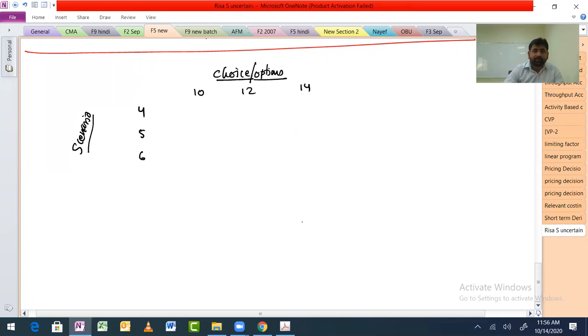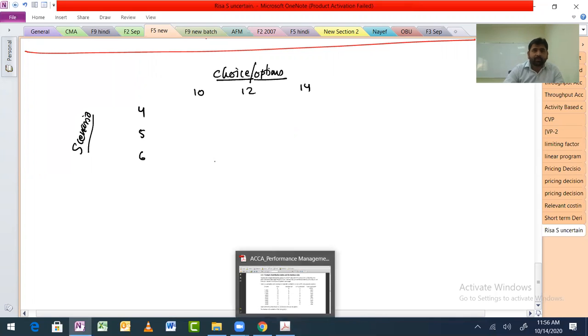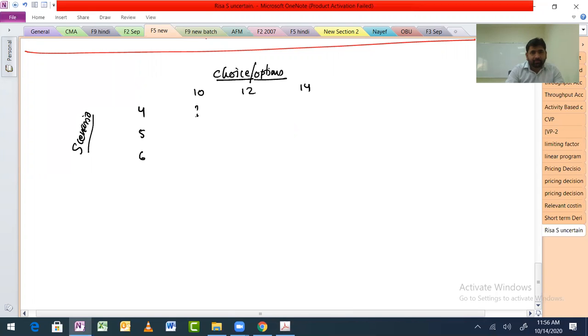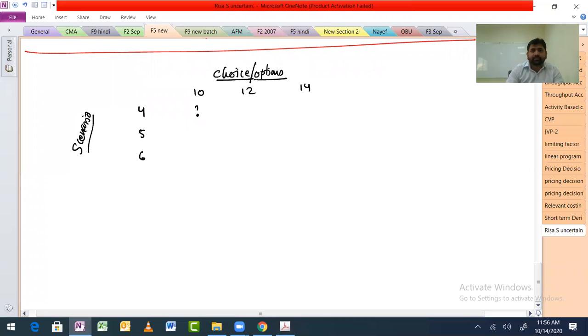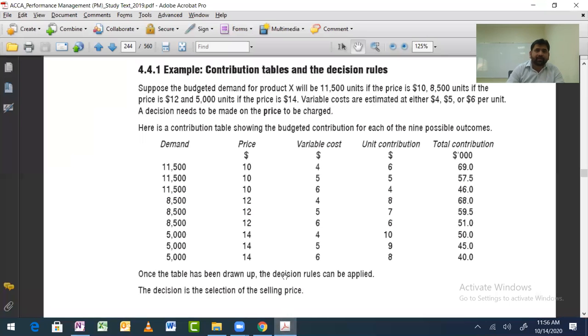This is good. Now just do one calculation for me. This is the choice. What is going to be here? Contribution is good. They have given us fixed cost, no, right?